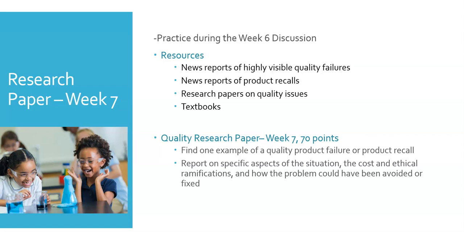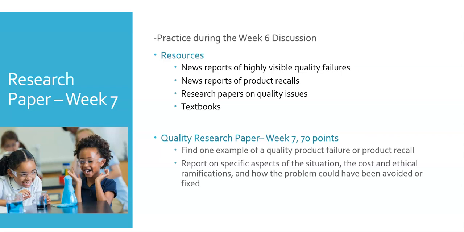So, for your quality research paper, you will turn it in week 7. It's worth up to 70 points, and you find one example of a product quality failure or a product recall. For example, Firestone Tires had a big issue. Wells Fargo had a big issue with banking.